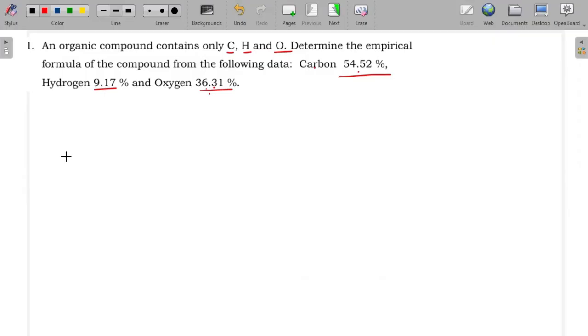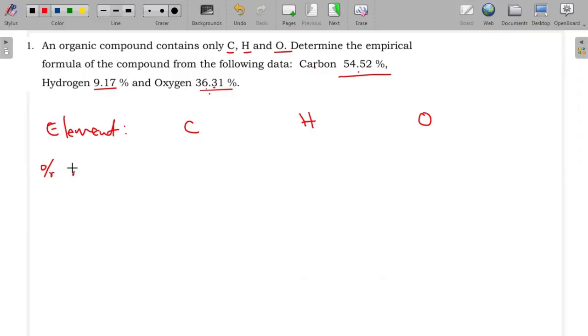What you do here, you say mass percent. In fact, before you even do that, you say element, and then you list down the elements that you've been told are contained in that compound. This one has carbon, hydrogen, and then oxygen.